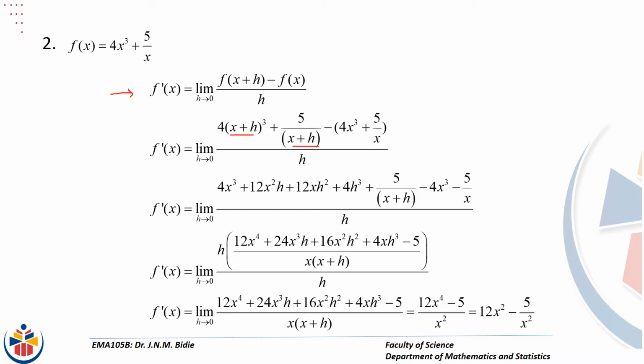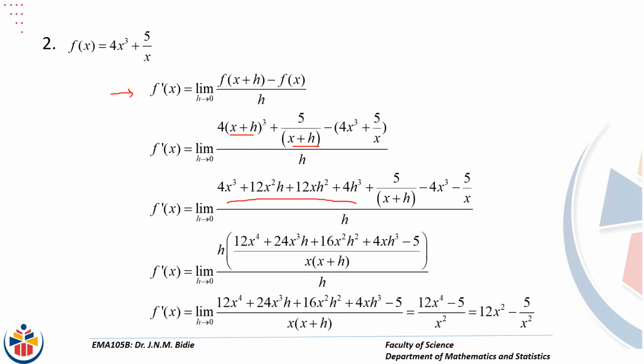Minus our f of x. Note, because our f of x has got two terms, we place that in brackets. Thereafter, do the simplification. I need you to check whether my simplification of x plus h all cubed is correct.